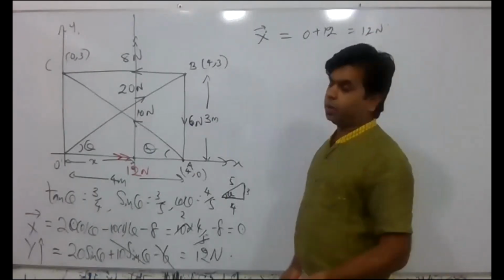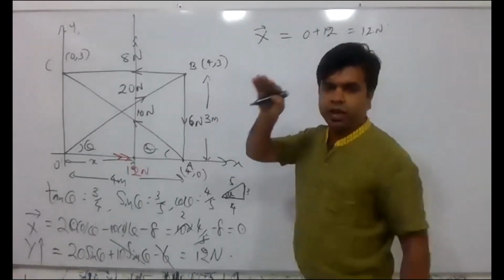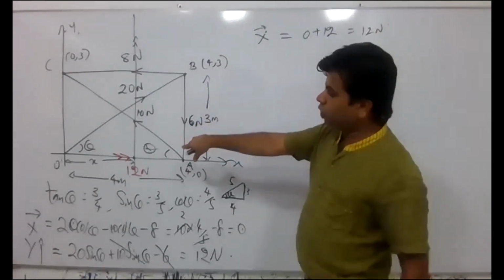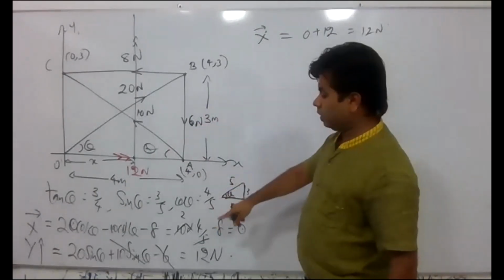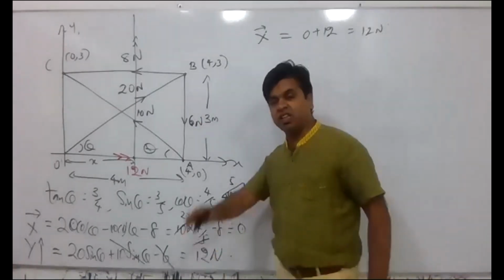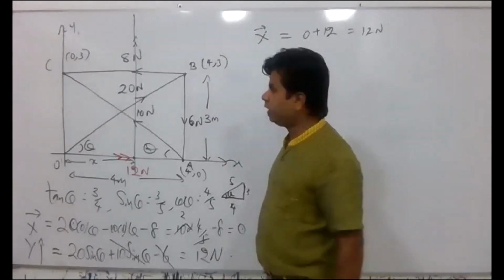And you know that the force introduced is horizontal, so there's no effect on the vertical component by a horizontal force. The algebraic sum of the vertical components is still 12. Got it?